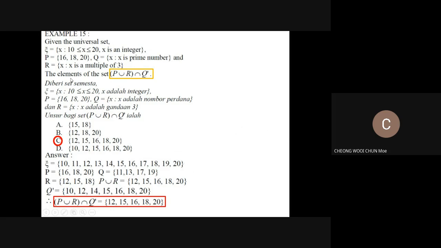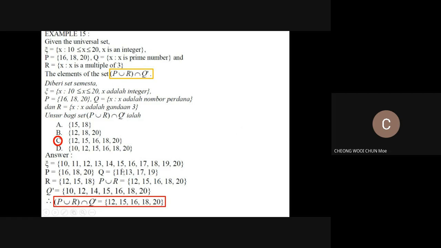Then we want to find P union R intersect complement of Q. Find the bracket first. So P union R, P and R union, that is all of P and all of R, which is 12, 15, 16, 18, 20. Then the complement of Q, Q is this one.